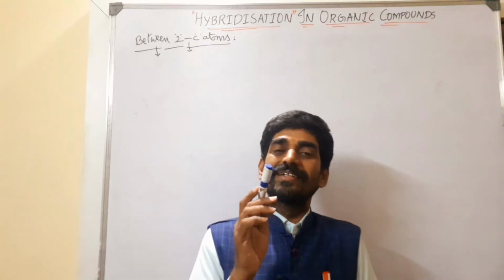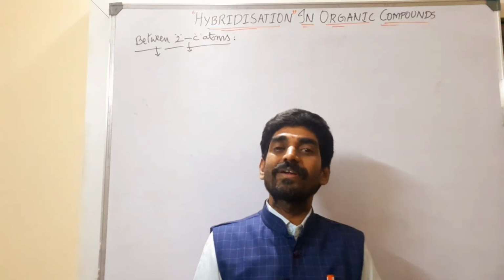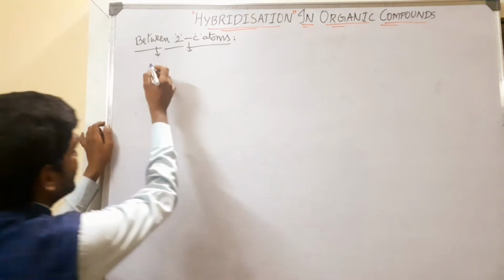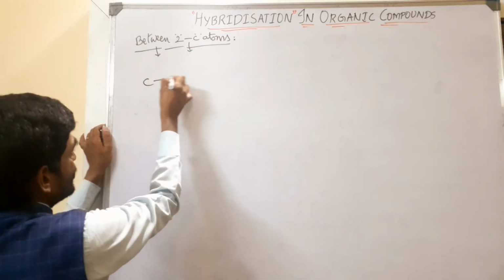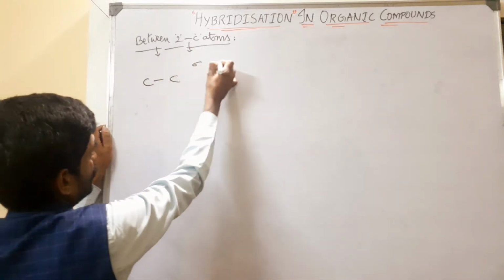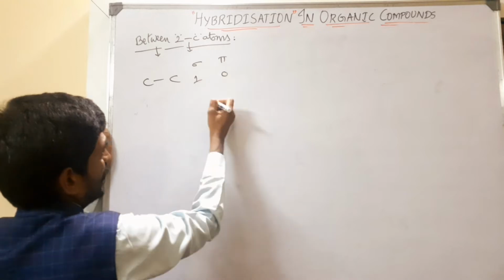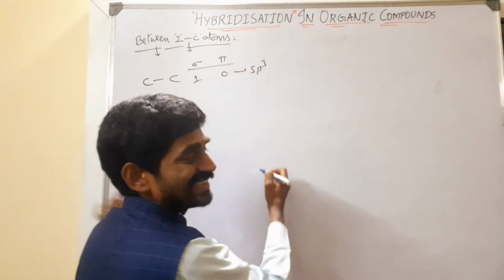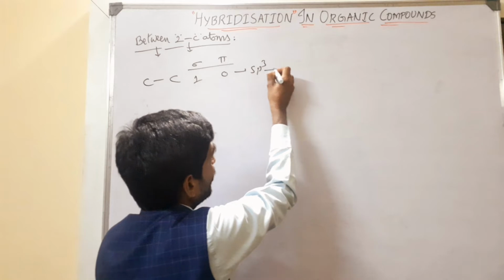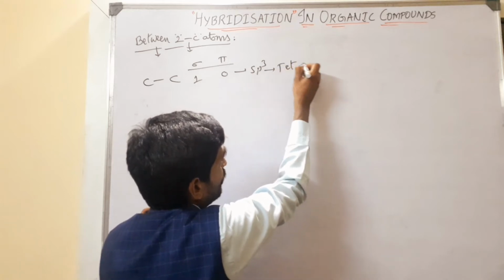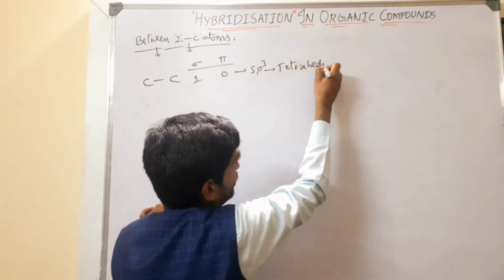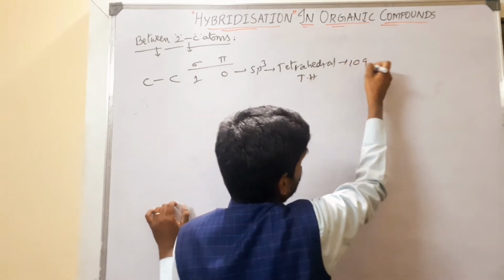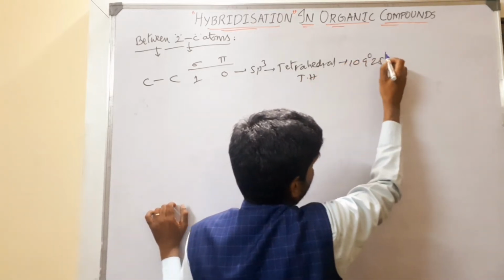Hi everyone. Now we are going to discuss the trick for hybridization in organic compounds. Here, between two carbon atoms only a single bond is present. There is a sigma bond; there is no pi bond. Then that carbon atom undergoes sp3 hybridization and has tetrahedral geometry, and the bond angle is 109 degrees 28 minutes.